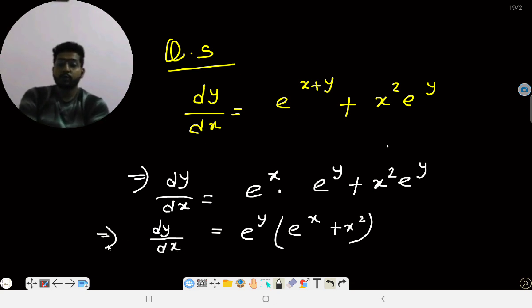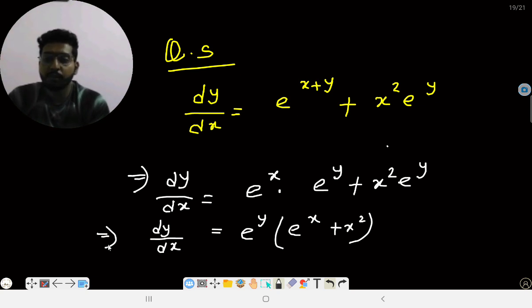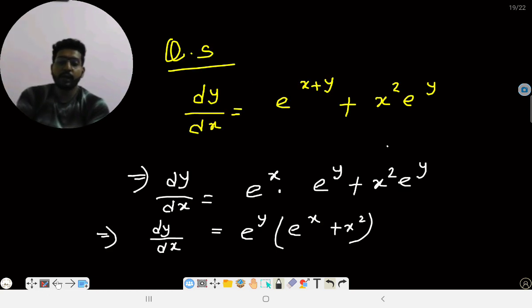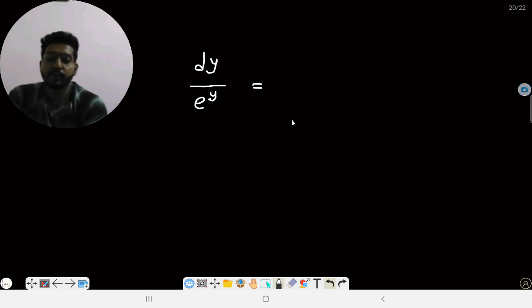Now just use the separation, that means dy will contain the y term and dx will contain the x term. So it becomes dy by e to the power y equals, on the right hand side, e to the power x plus x square dx.